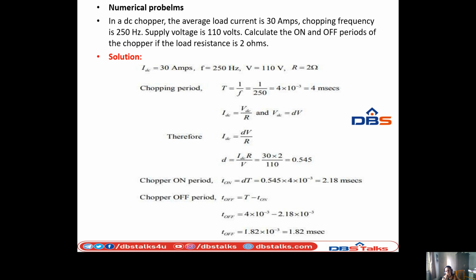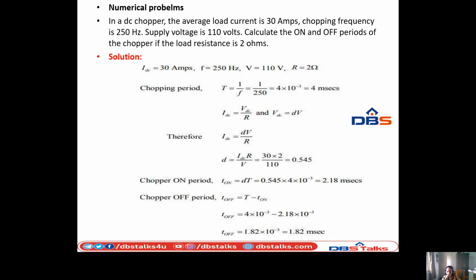We have to calculate the on and off periods of the chopper if the load resistance is 2 ohms. Given: DC chopper, load current IDC equal to 30 amps, chopping frequency F equal to 250 Hz, supply voltage V equal to 110 volts, and resistance R equal to 2 ohms.